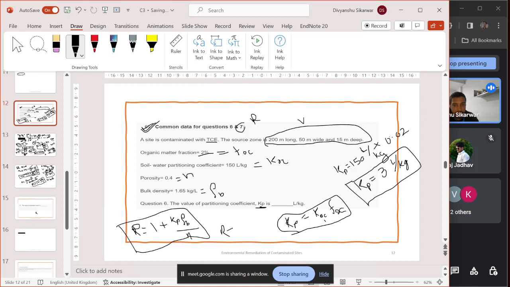So R will be equal to 1 plus Kp. Kp value we have calculated, 3. Let me do it here.